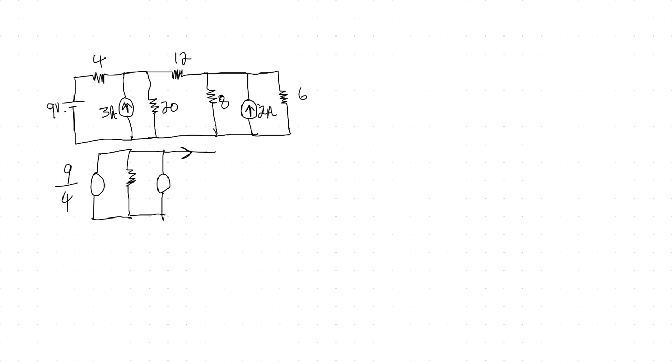And there's also the 20 ohm there. 6 ohm, 2 amperes, 8 ohm, 20 ohm, 4 ohm, and then this is going to be the 3 amperes. Something like this. You understand this part, ne?